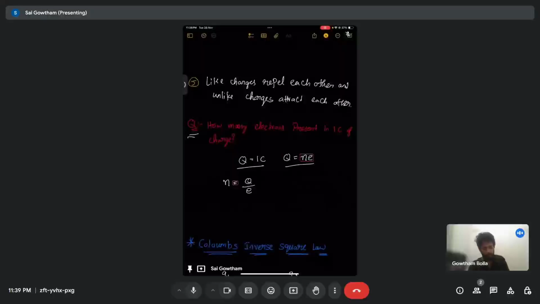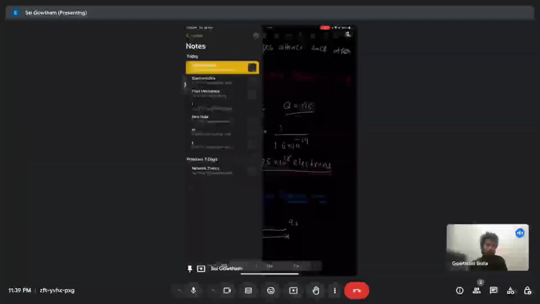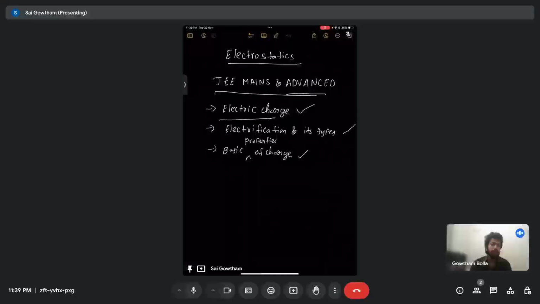We have successfully covered the concepts we intended to cover in this session: the electric charge, electrification and its properties, and the basic properties of charge. A brief summary: electrostatics is the study of charges at rest. An electric charge is a thing by virtue of which electric and magnetic effects are created.